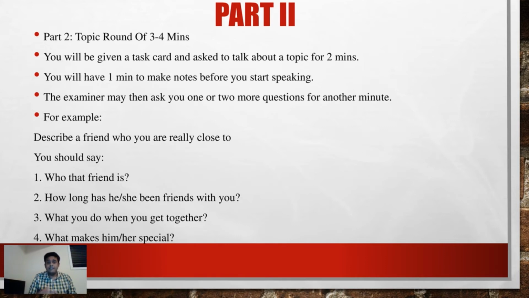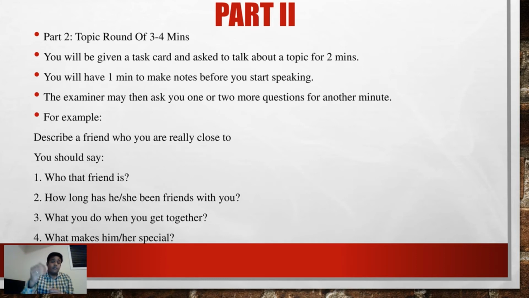You need to be very short with your notes because you only get 1 minute to take down notes. When you're taking down notes, who that friend is, just write one word or two words and leave it at that, so that once you look at that pointer, you will understand what you speak. So be very short with your notes, because you only get 1 minute of time.